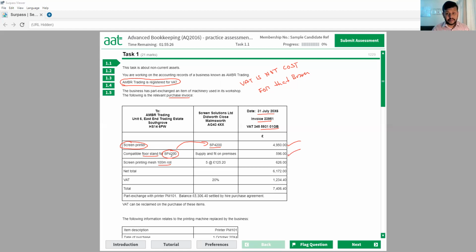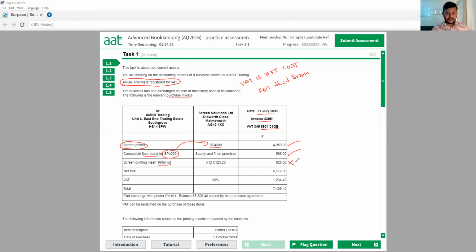Any revenue expenditure cannot be added to the cost, because for the cost we can only add capital expenditure. So buying the roll, the ink for the printer, the printing paper, or repair and maintenance is not capital expenditure, and for that reason we will not add it as part of the cost. So the printing roll, we are going to ignore.